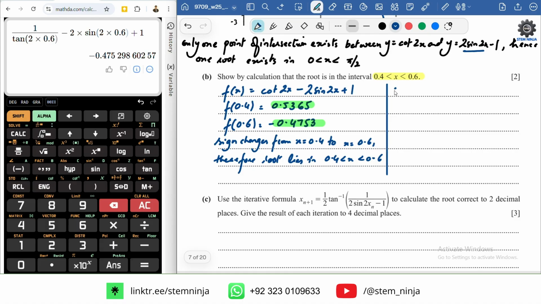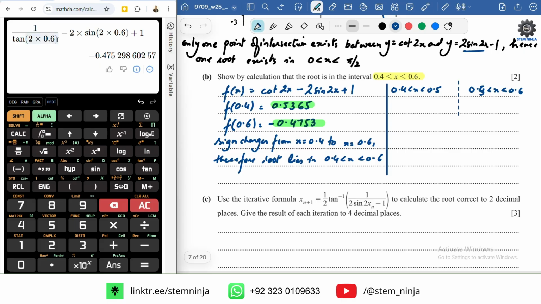We can divide the range into 0.4 to 0.5 and 0.5 to 0.6. Then we conduct the same experiment and see which range would give us a change of sign better. So this will narrow our search a little bit.